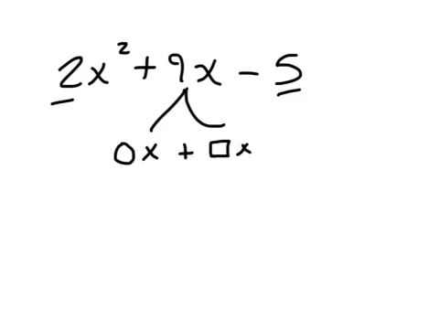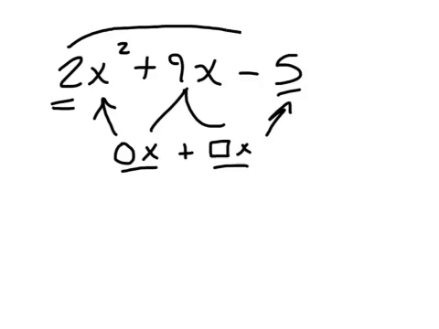And we want this second term to share a factor with -5, and the first term to share a factor with 2x squared. So the way to guarantee this is just to take the coefficient on the first and multiply the coefficient on the last.